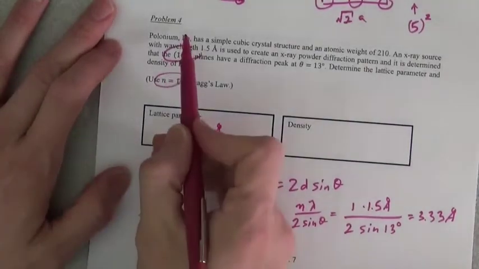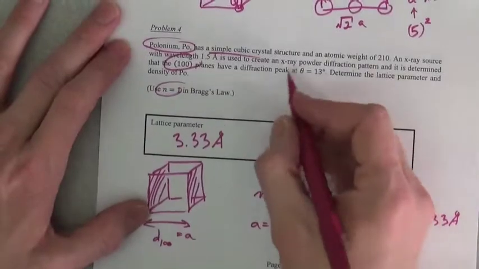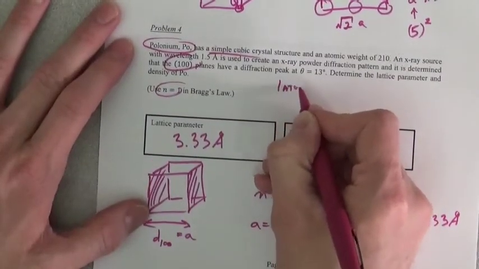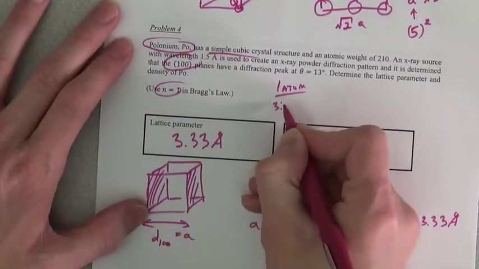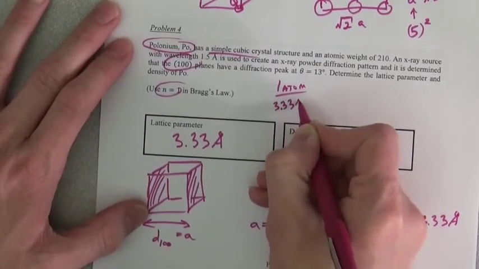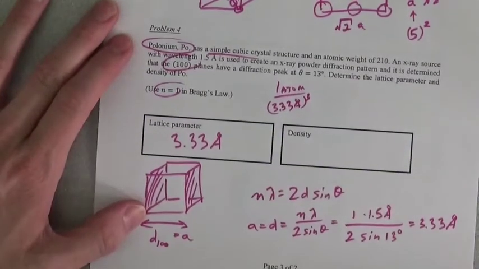And we're told that we're working with polonium, which means it's a simple cubic crystal, which means we have 1 atom per 3.33 angstrom cubed.